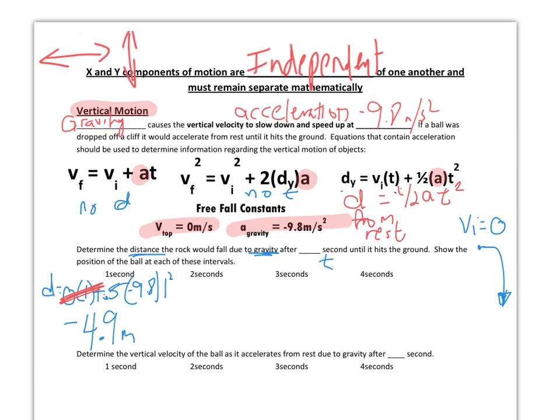So if I want to know how far that object's going to fall after 2 seconds, I'd simply use half times that acceleration of gravity, and then my time squared. So half of 9.8 is 4.9, and 2 squared, and I can solve using my calculator. So after 2 seconds, I would have fallen in the negative direction by about 19.6 meters.